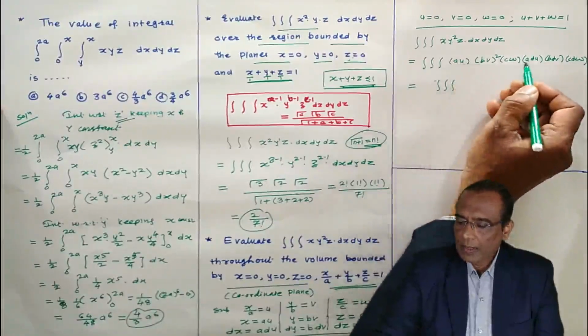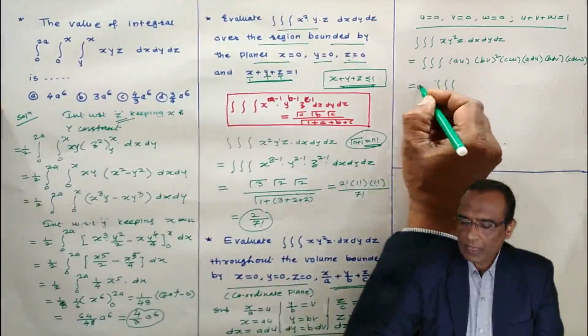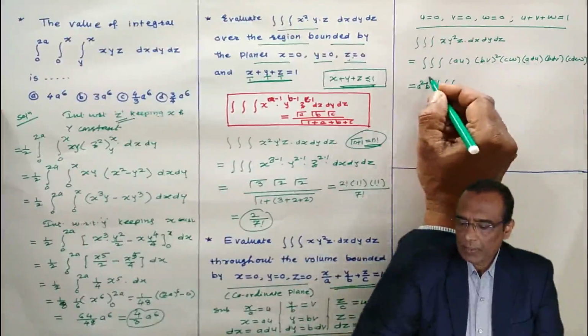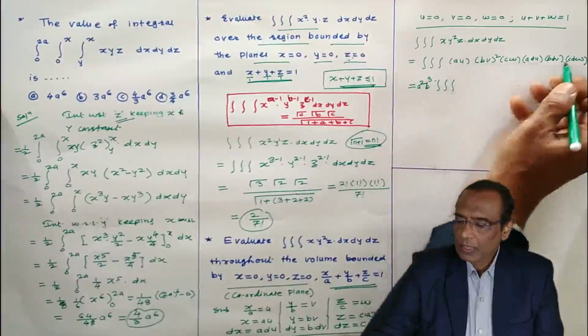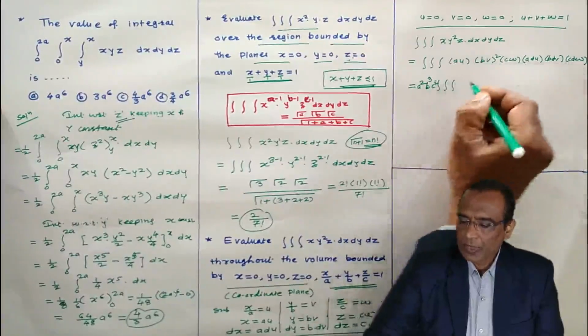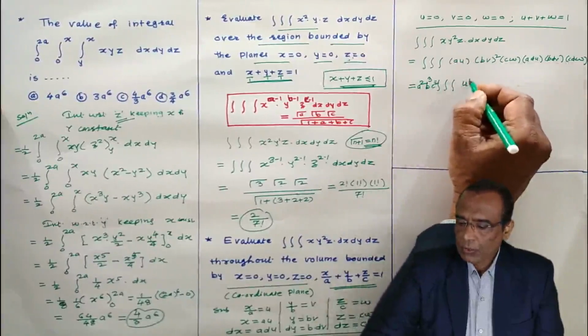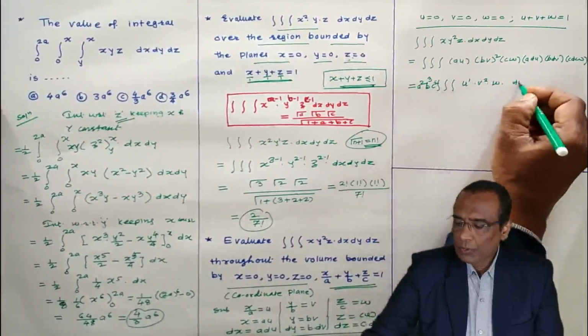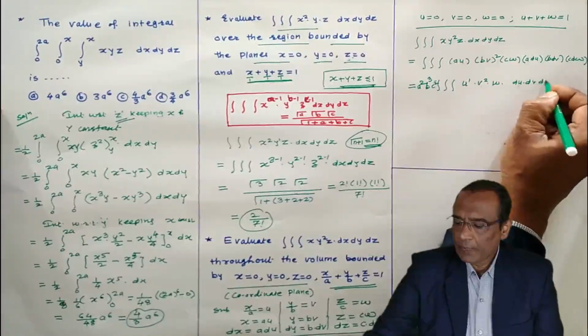This a square I have taken outside, b square into b power 3 I have taken outside, c into c square, and what is remaining then? u, v and w is remaining, du, dv and dw is remaining.